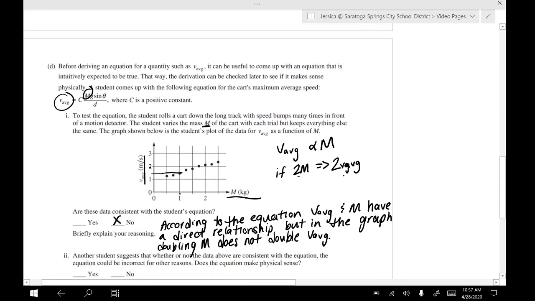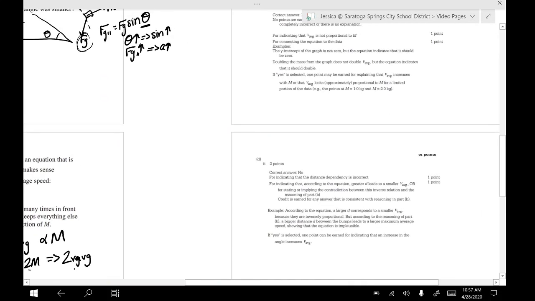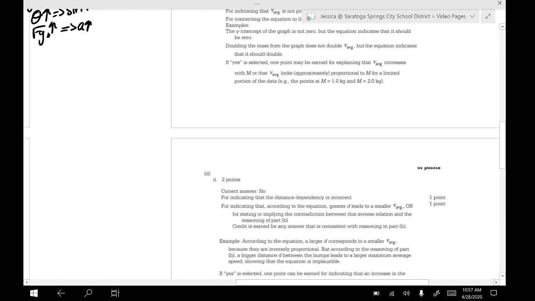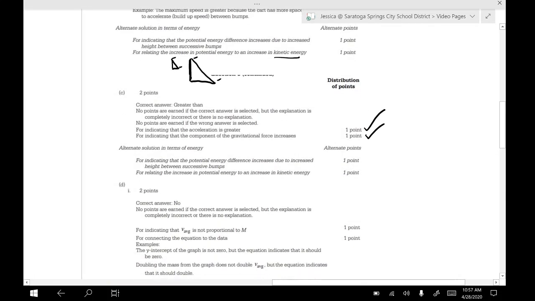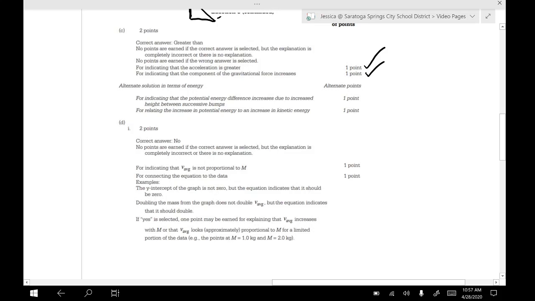So let's check my points there for D1. All right. So correct answer, no. Okay, so I get 1 point for indicating that V average is not proportional to m. Good. And for connecting the equation to the data, I referenced the equation and I referenced the data. So example, the y-intercept of the graph is not 0, but the equation indicates that it should be. That is one way of going about it.